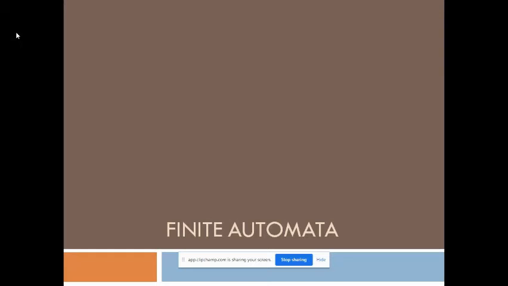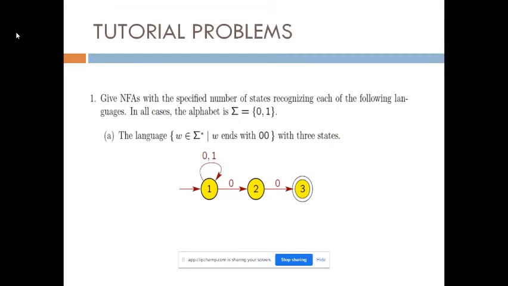Next, we are going to discuss some tutorial problems in finite automata. The first question is, give an NFA with the specified number of states recognizing each of the following languages. The input alphabet is 0, 1. First, the language ends with 0, 0 with 3 states.